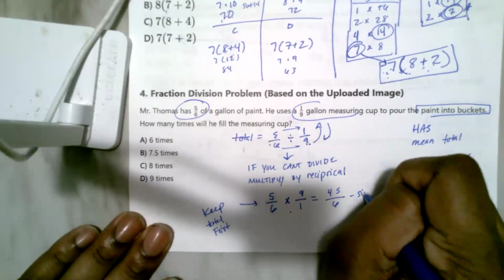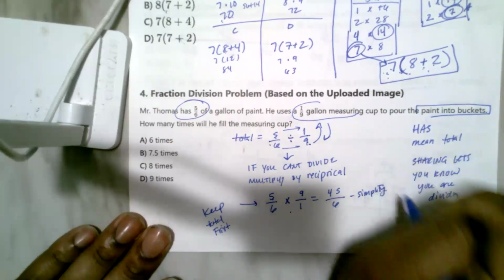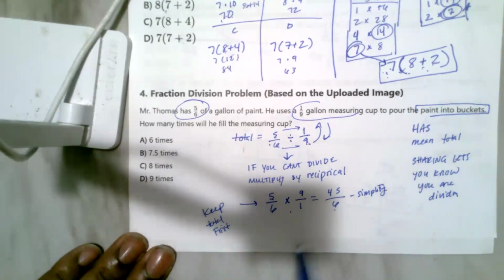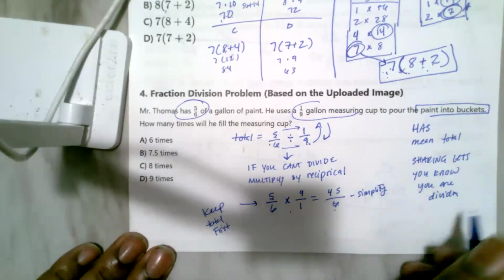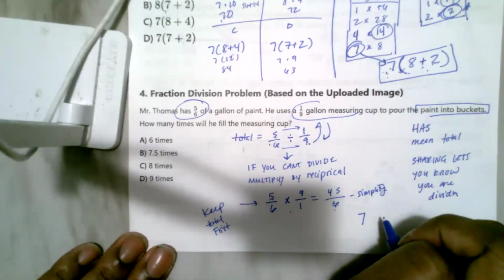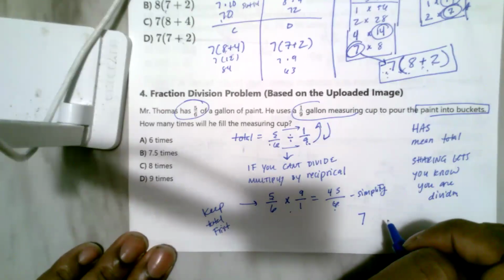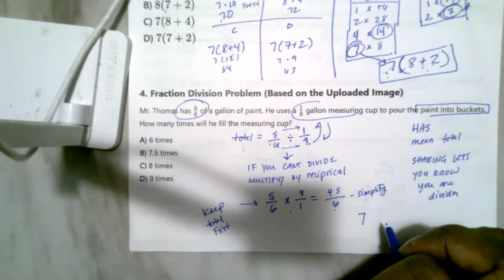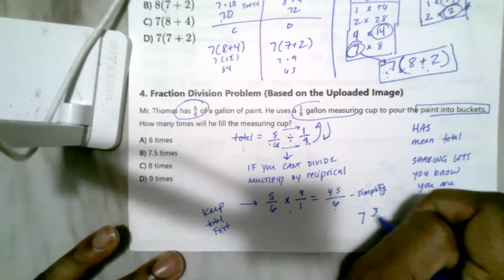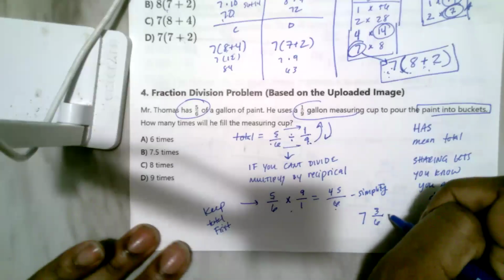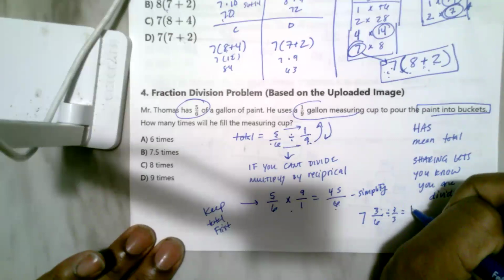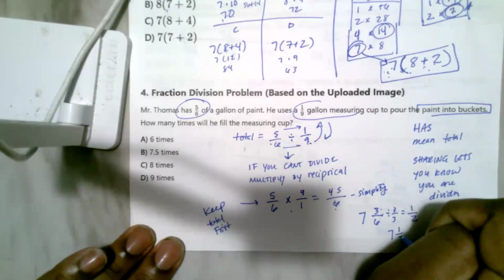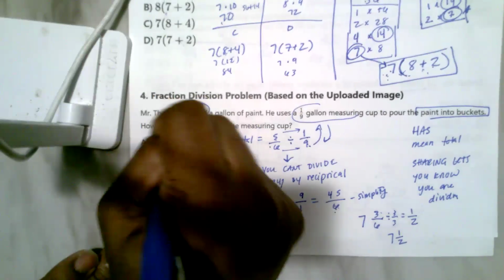Then you have to simplify. If that's not given to you, then you've got to simplify. How many groups of 6 go into 45? Well, 6 goes into 42 7 times. 42 and 3 over 6. And 3/6 can be simplified into 1/2. So it's 7 and 1/2, which is 7.5.